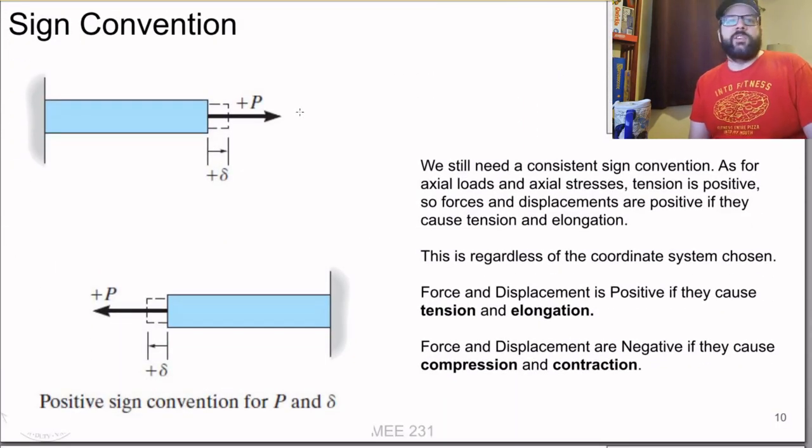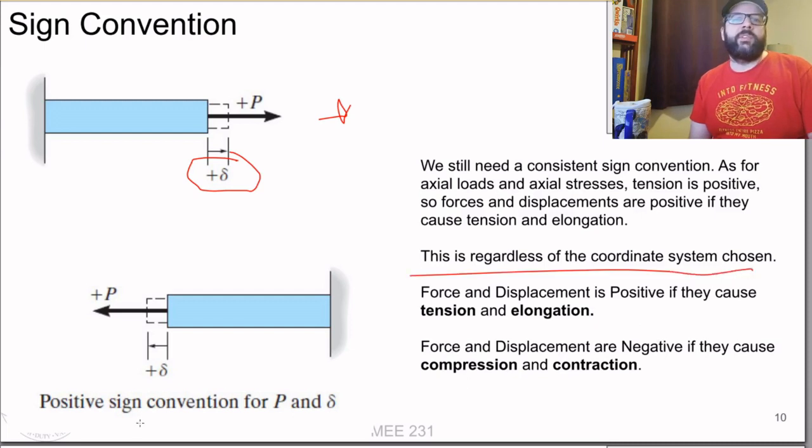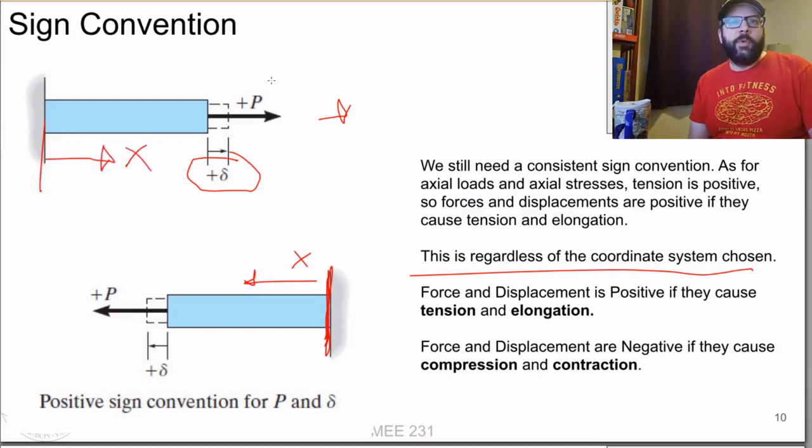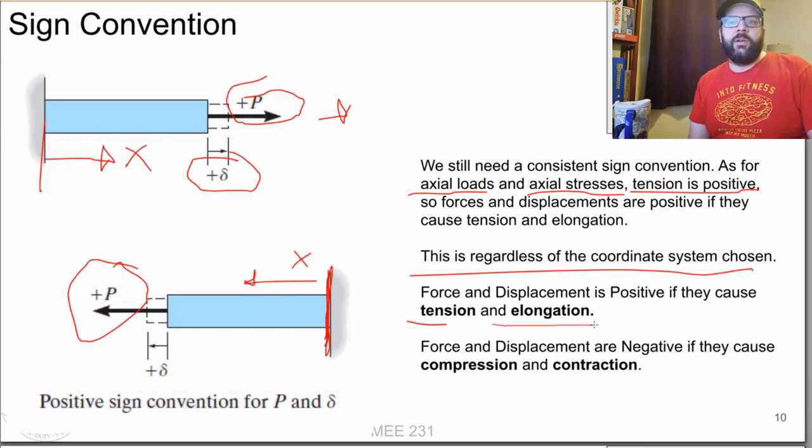So again, sign convention shouldn't be too surprising. We're following what we've been following all along. Tension is positive, elongation is positive, regardless of the coordinate system chosen. So if we're increasing in x here versus increasing in x here, both of these are going to be positive internal forces, positive internal axial loads and axial stresses, because they're causing tension and they're causing elongation.